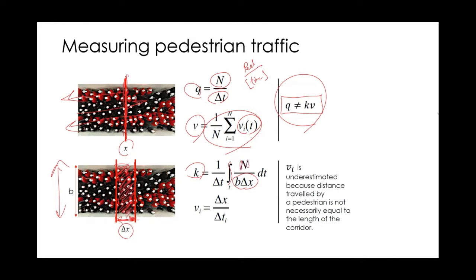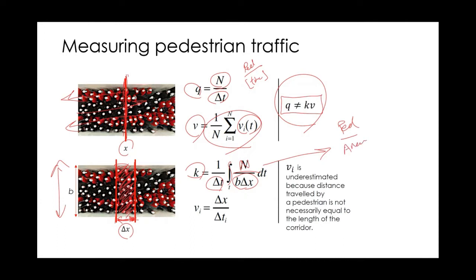So N over this B delta X, if I take the integral of that over time, depending on my measurement time, and divided by that delta T, it will give me the density, which is basically the number of pedestrians over, instead of length, this time I have area.